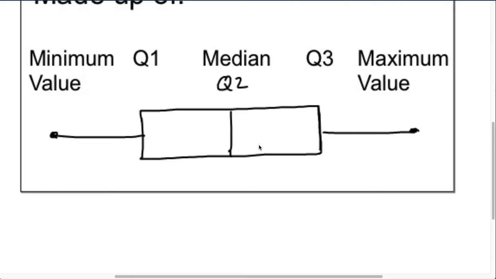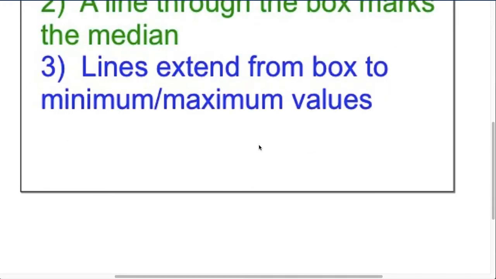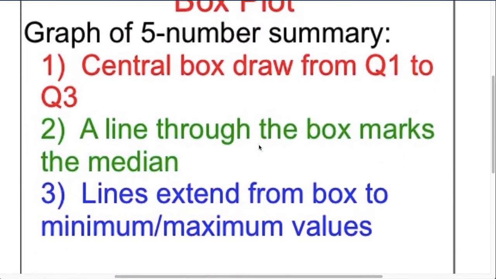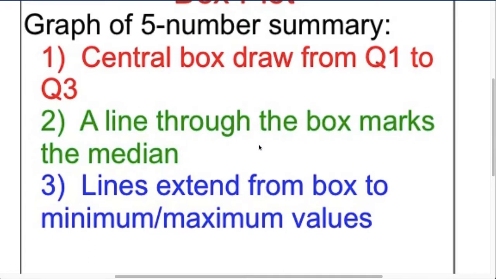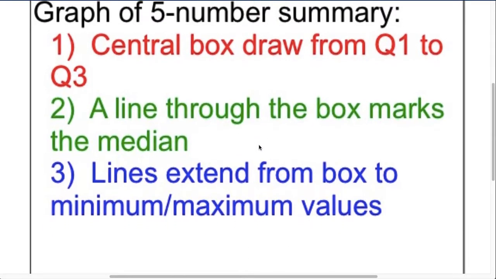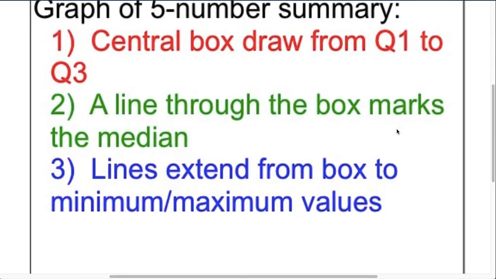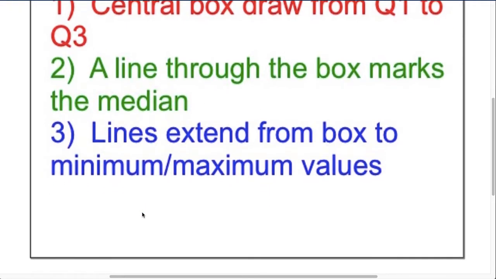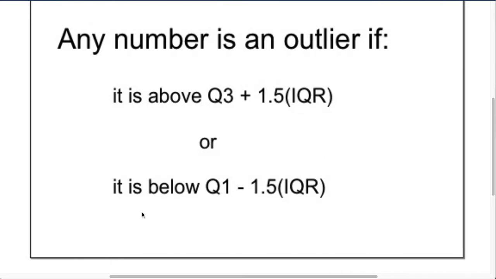And that is why it is called the box and whisker plot, because it is quite literally a box with what appear to be whiskers. So when you're making a box plot, graph the 5-number summary just like we did. A line through the box marks the median and the quartiles, and then lines extend from the minimum and maximum values.